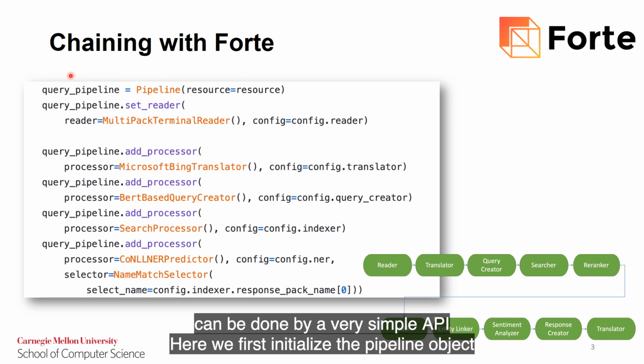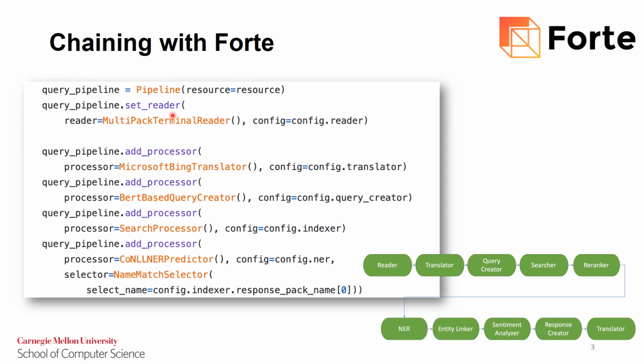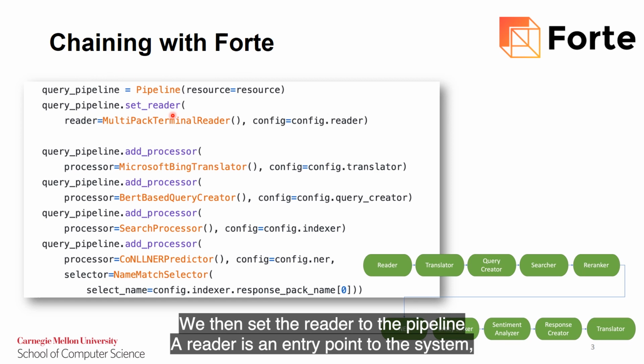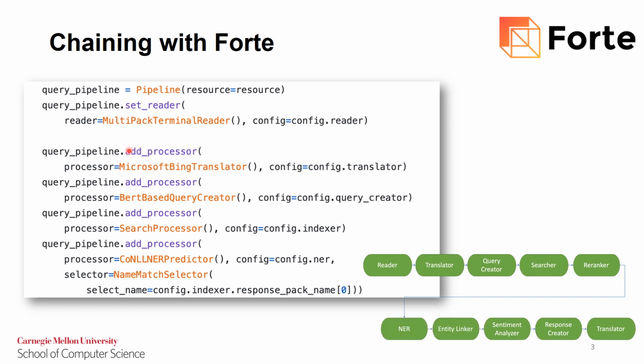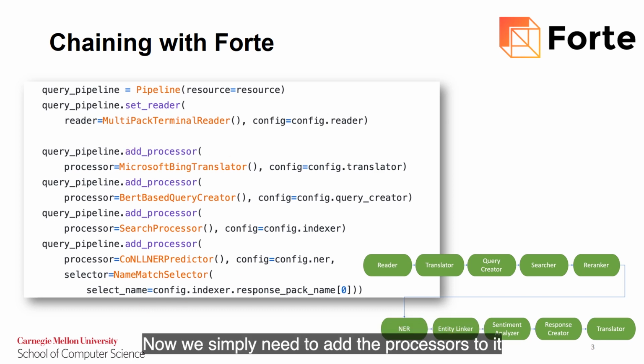Here, we first initialize the pipeline object. We then set the reader to the pipeline. A reader is the entry point to the system, where external data can be converted to the internal data format. Now we simply need to add the processor to it.